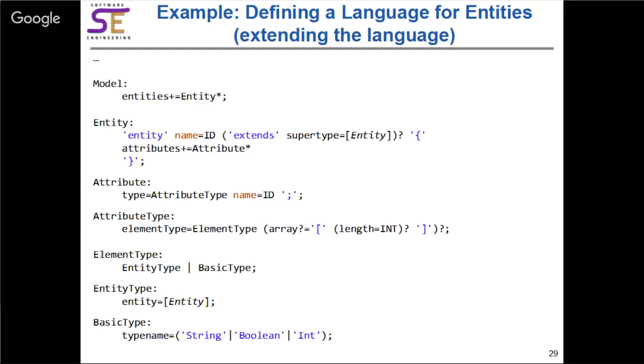Now we say type is an attribute type. And this is a call to another rule, which says the attribute type defines an element type. And then again, what is an element type? And it can be an array or not. So this is also something that we saw before.